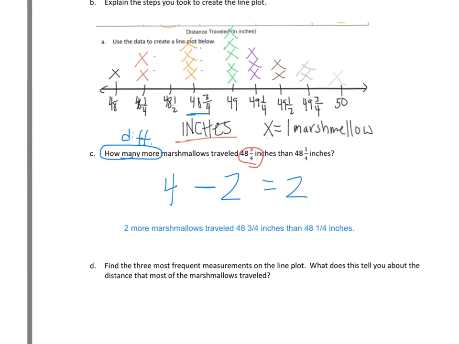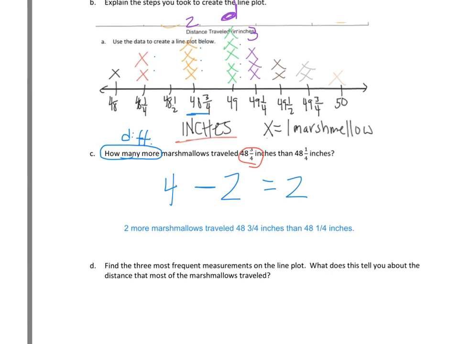So we got to look up above and try to figure out where the majority of the marshmallows are, so the 3 most frequent ones, and we see that this one right here at 49 is tall, is the highest point, so the most frequent. And that's got 1, 2, 3, 4, 5. Then I would say this one is second. So we got our first and our second, and then we're looking for our third one. It looks like it's right here.